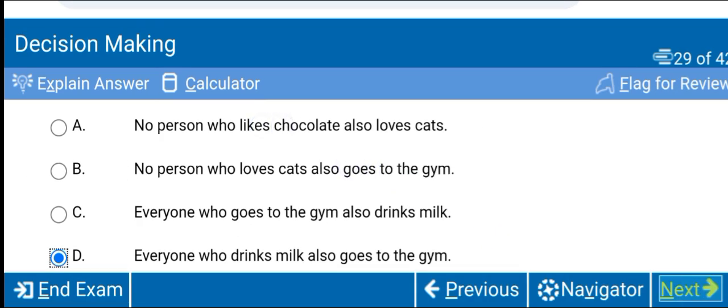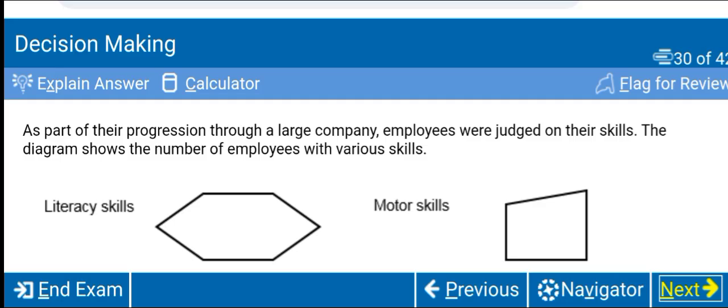Next we have question number 30 that says, as part of the progression through a large company, employees were judged on their skills. The diagram shows the number of employees with various skills.